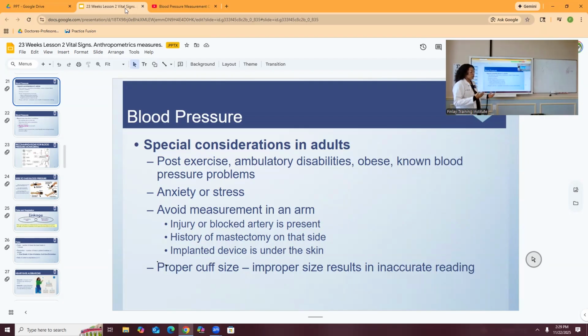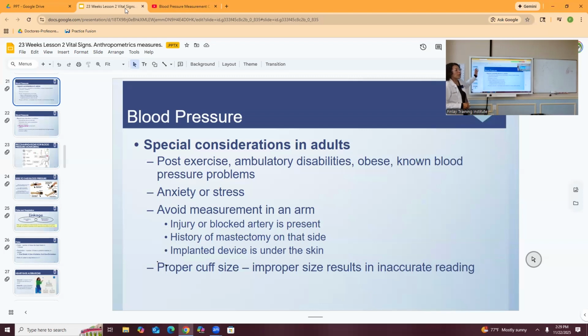For us, it's probably just a few steps, but if we have a person walking with a walker, with a lot of difficulty, that is extra exercise. So that's going to make the blood pressure go up. If this patient is obese, for example, that patient we talked about, 450 pounds, for us it's a few steps. For this patient, probably it's going to be extra effort of his physical capacities.